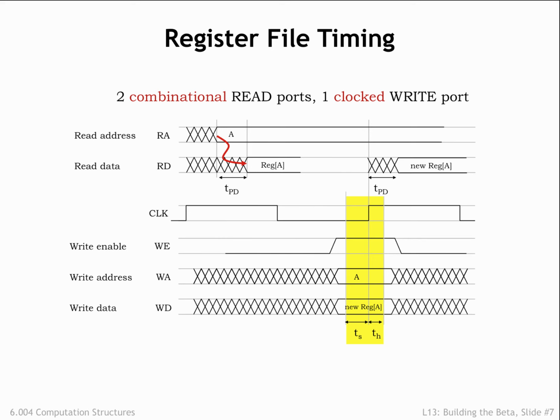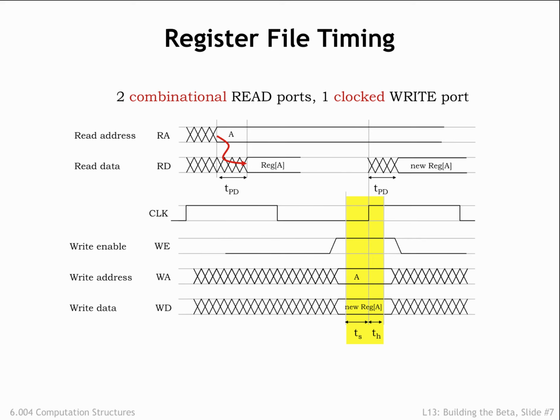The write address, WA, write data, WD, and write enable, WE signals must all be valid and stable for some specified setup time before the rising edge of the clock, and must remain stable and valid for the specified hold time after the rising clock edge.